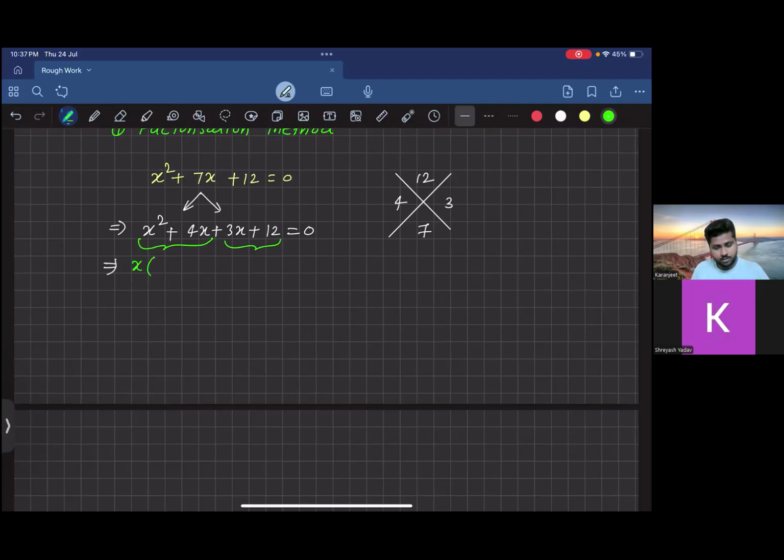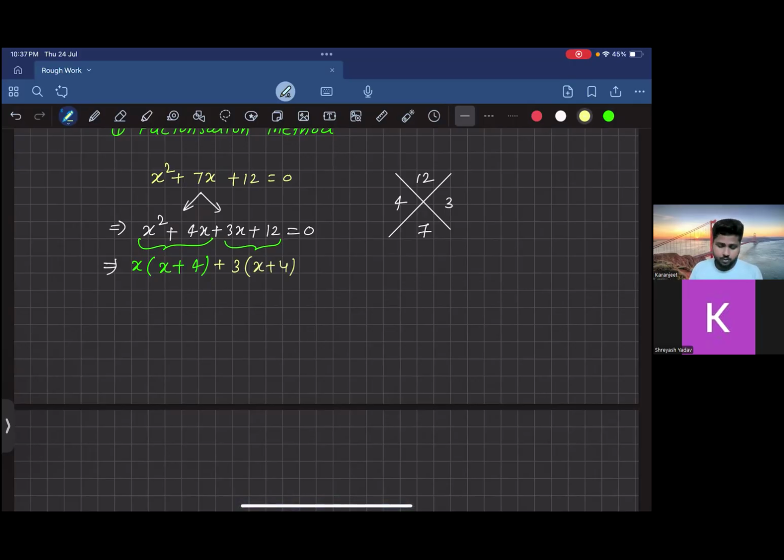So what are we left with? From here I'll get x, and from here I'll get 4, so we write x times x plus 4. Now from the next two terms, what is common? I think 3 is common. So if 3 is common, then we get x plus 4 again.